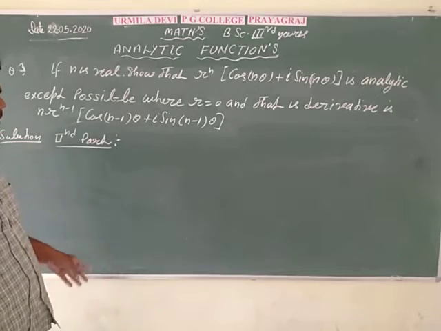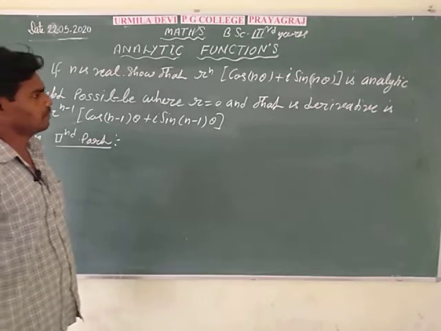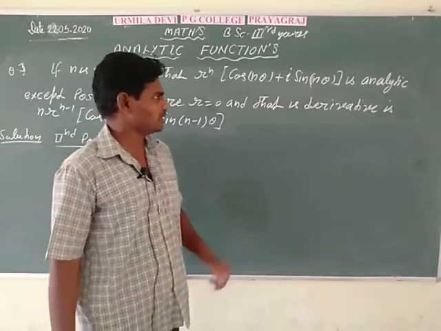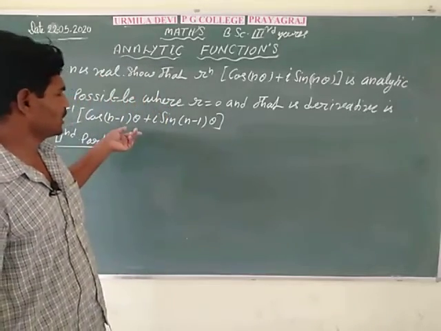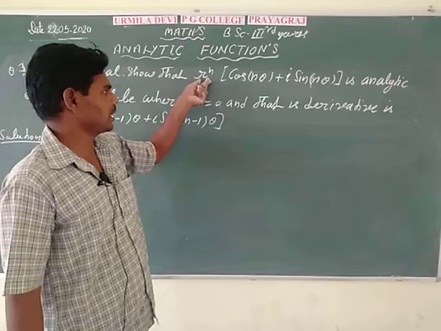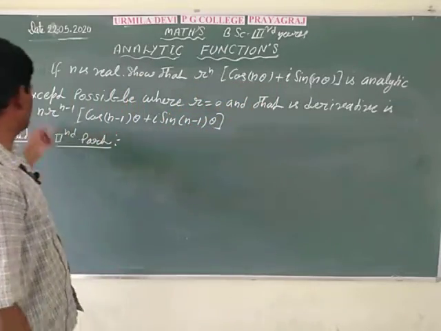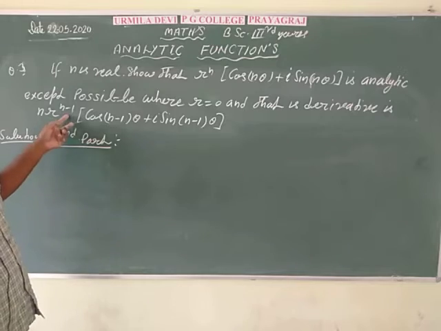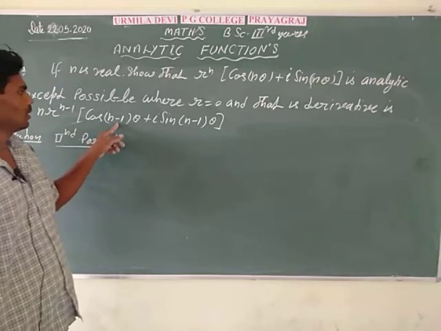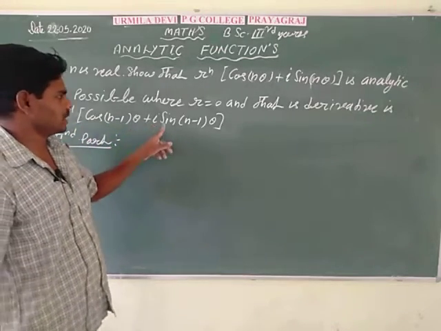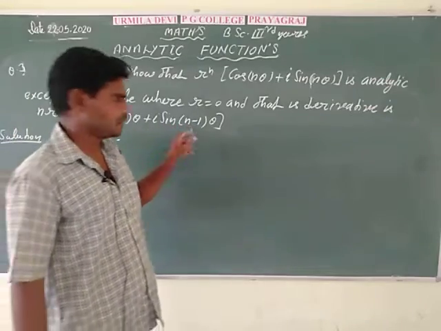In the second part, prove or calculate the differentiation of the given function r to the power n (cos n theta plus i sin n theta) equals n r to the power n minus 1 times (cos (n minus 1) theta plus i sin (n minus 1) theta).